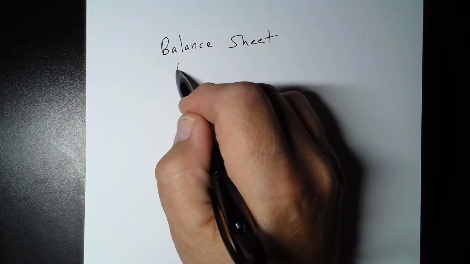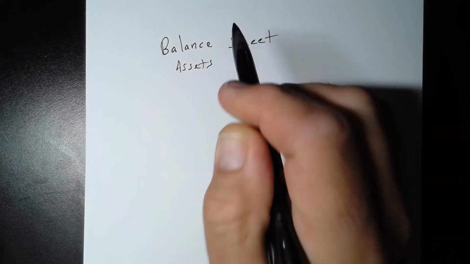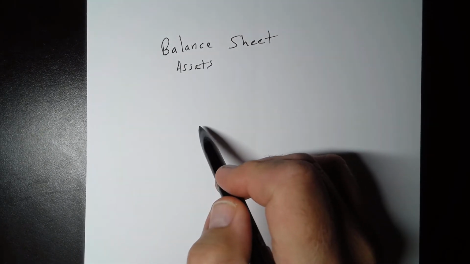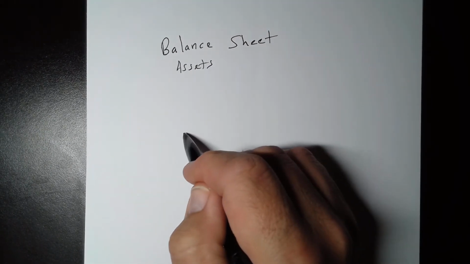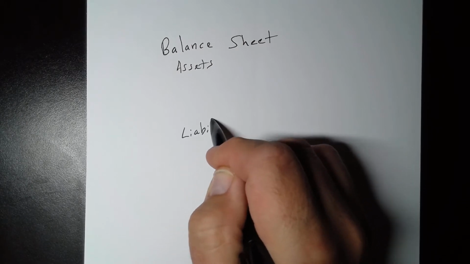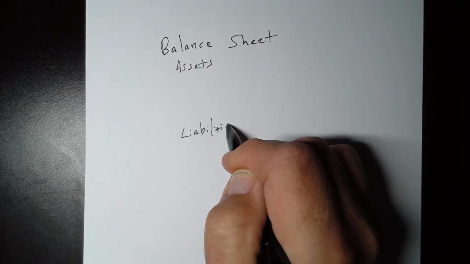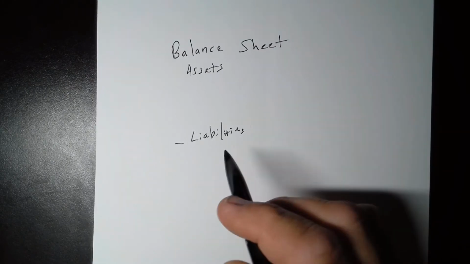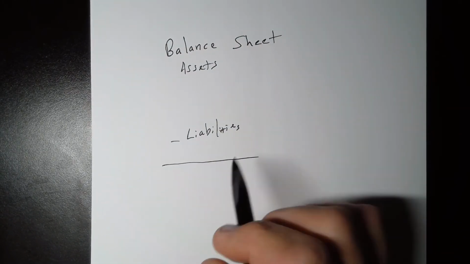And the balance sheet is set up so that you would have the assets listed, and then you would then take away the liabilities, and what's left over is the owner's equity.